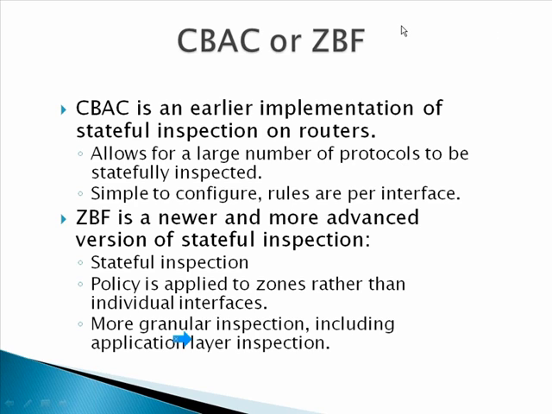Okay, so CBAC or zone-based firewall, what do you want to use? In case you don't know what either of those terms mean, hopefully you do. CBAC is the older or earlier implementation of stateful packet inspection on routers.